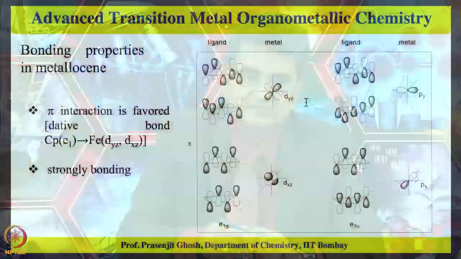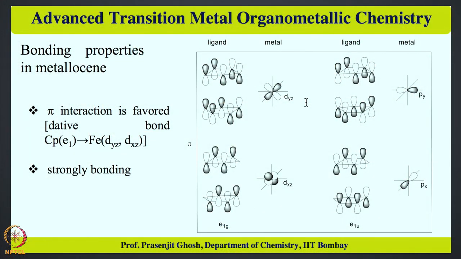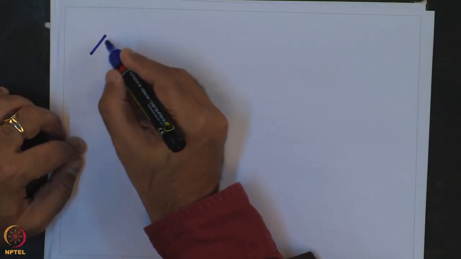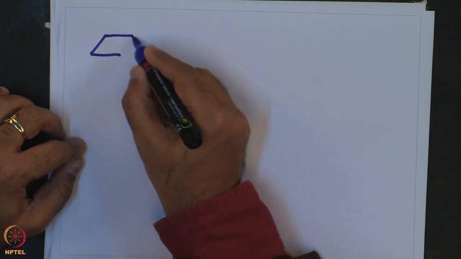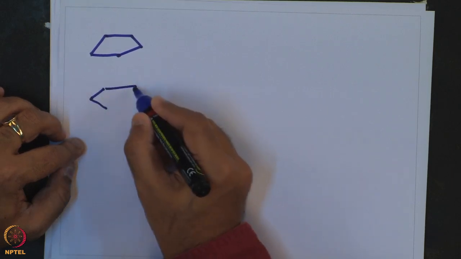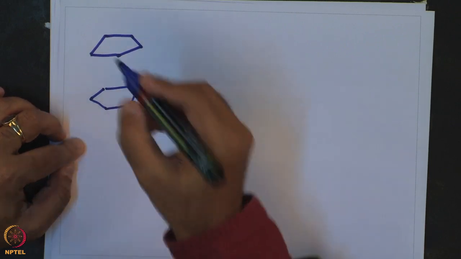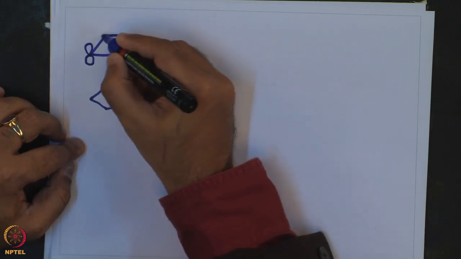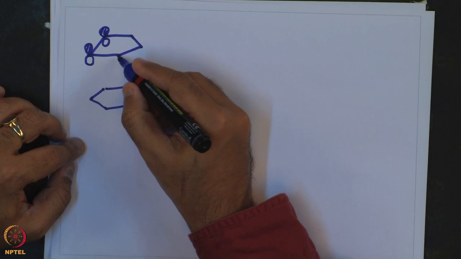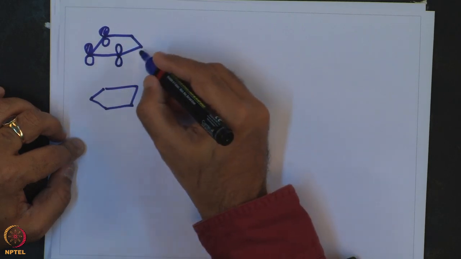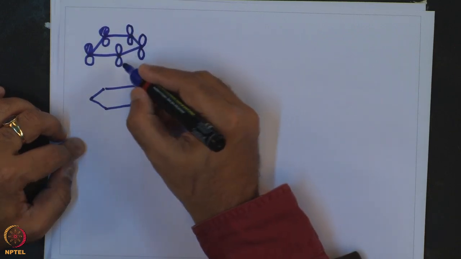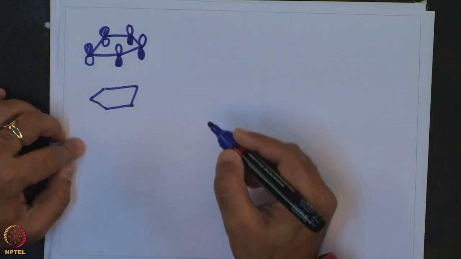After the delta interaction, the next interaction is about the pi interaction, and the ligand pi orbitals are of this type.